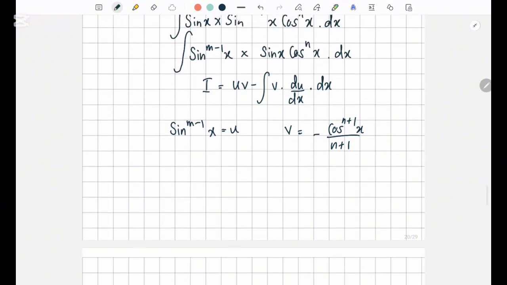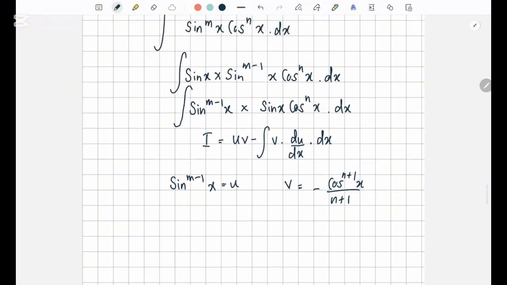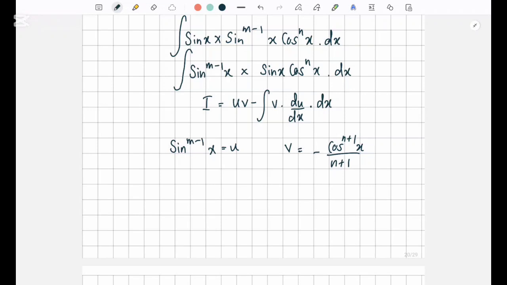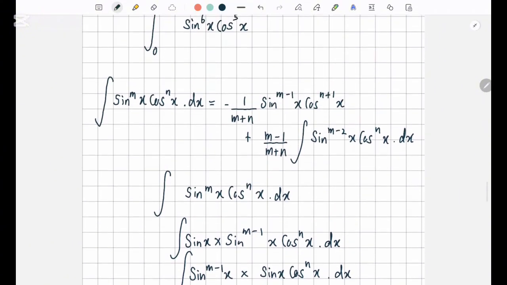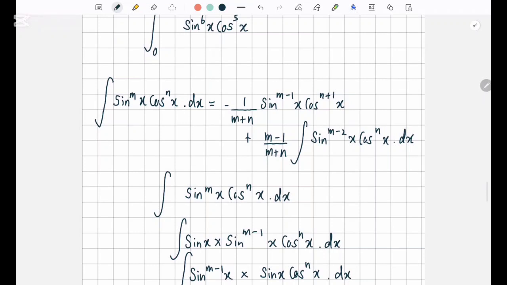So using your formula, now you can write u into v. But before doing that, let's differentiate u. So du over dx equals m minus 1 into sine m minus 2 is the power, and that's what you get. Let me just go through the reduction formula that they got.